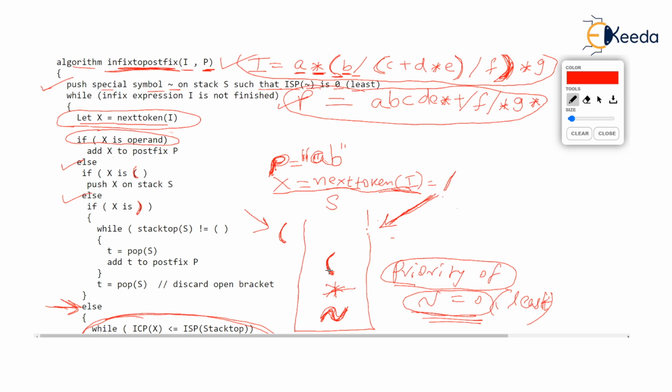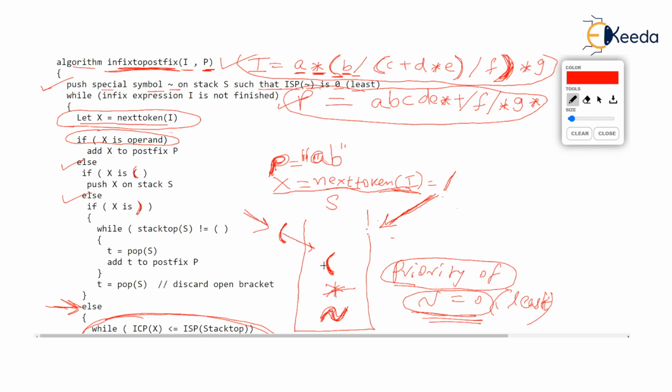So you are having two types of priorities: incoming priority and in stack priority. Incoming priority of open bracket is maximum. When it is coming inside the stack, it is master. It can supersede anyone. But once it resides in the stack, it's a slave because it has lowest priority. And then anybody can go on top of this open bracket.